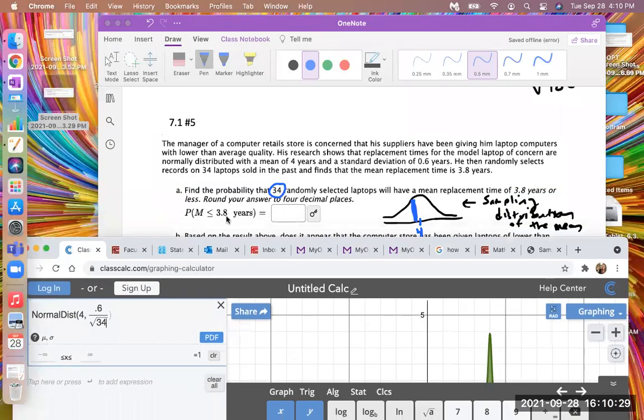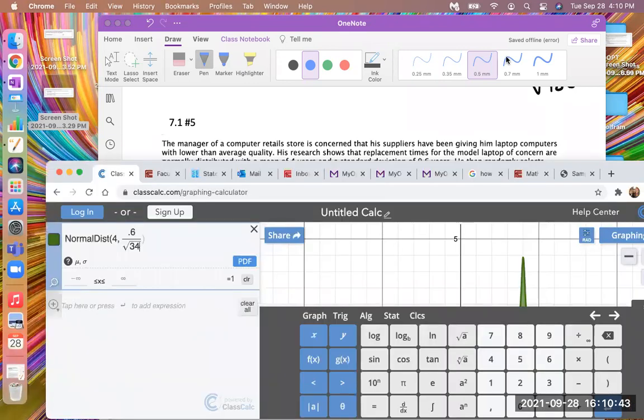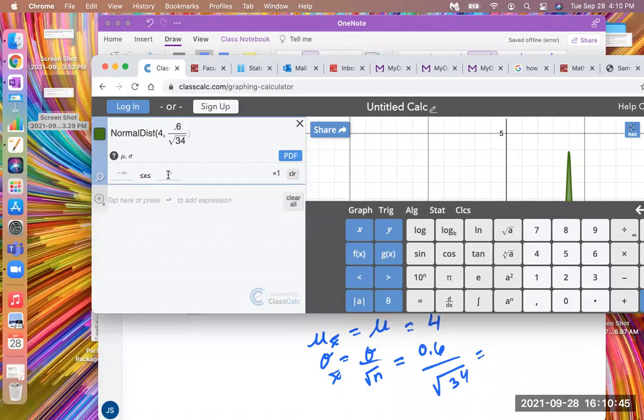Now I need to decide greater or less than. This is 3.8 years. Find the probability that 34 laptops will have a mean time of 3.8 years or less. So we need the probability of that or anything less. What interval are we looking at?